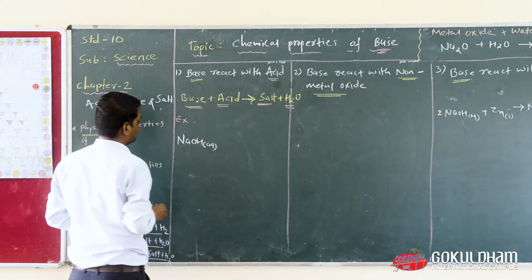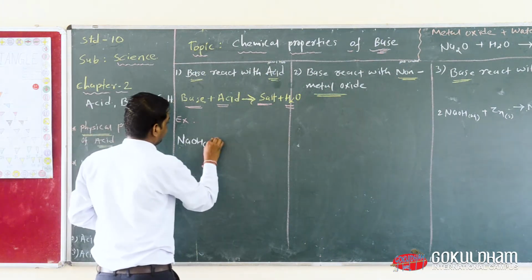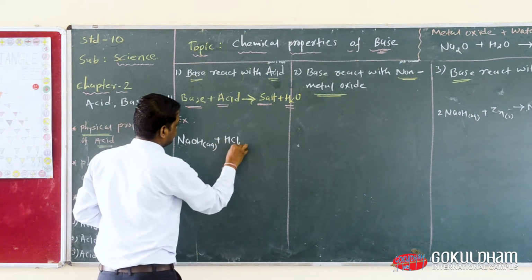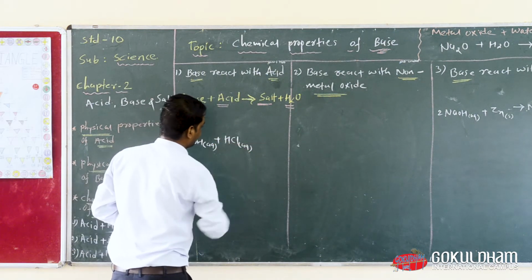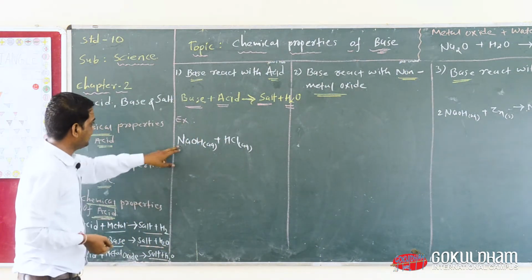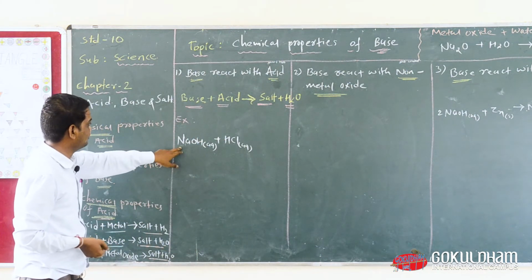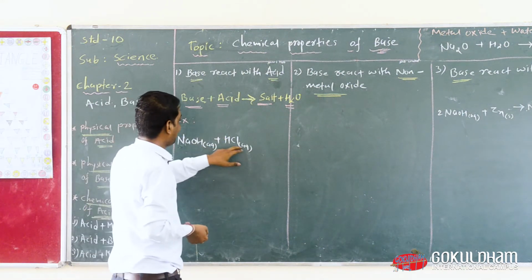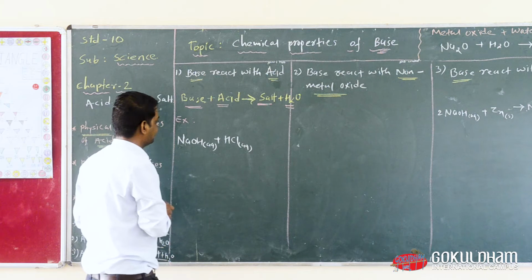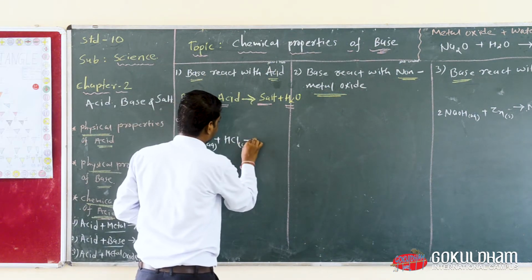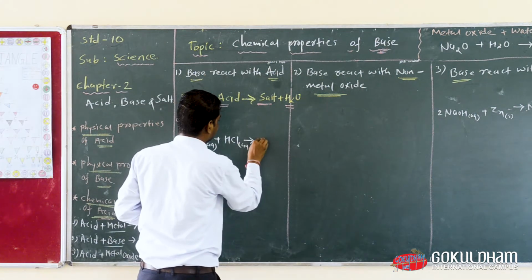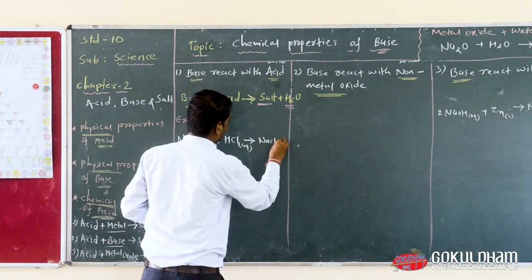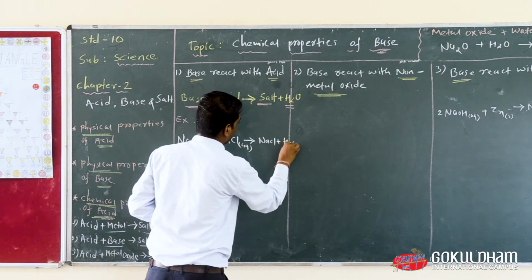An aqueous solution of NaOH reacts with an aqueous solution of hydrochloric acid, HCl. At that time we get the salt NaCl, and the side product is H2O.